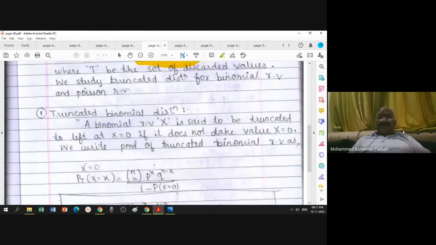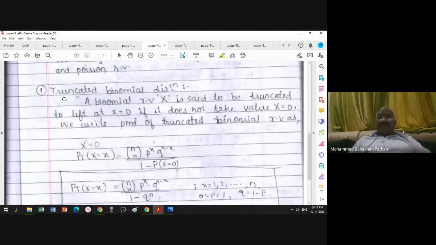Let us begin with number 1, the truncated binomial distribution. A binomial random variable capital X is said to be truncated to the left at x equal to 0 if it does not take the value x equal to 0. We know that a binomial random variable begins from 0.